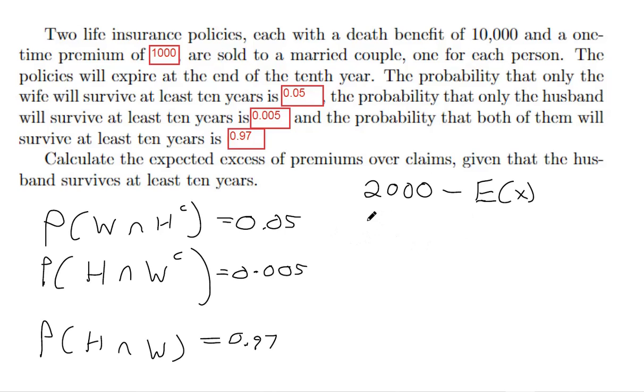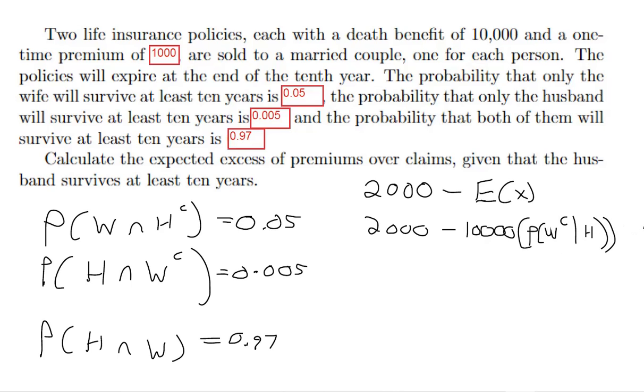So for the expected value part, we're going to use those probabilities off to the side. We're given that the husband survives at least 10 years. So if the husband survives, then there's two options for the wife. The wife lives or the wife dies. We're going to pay out $10,000 if the wife dies, so that's the probability that the wife dies given that the husband survives, and that's a probability we don't quite have yet.